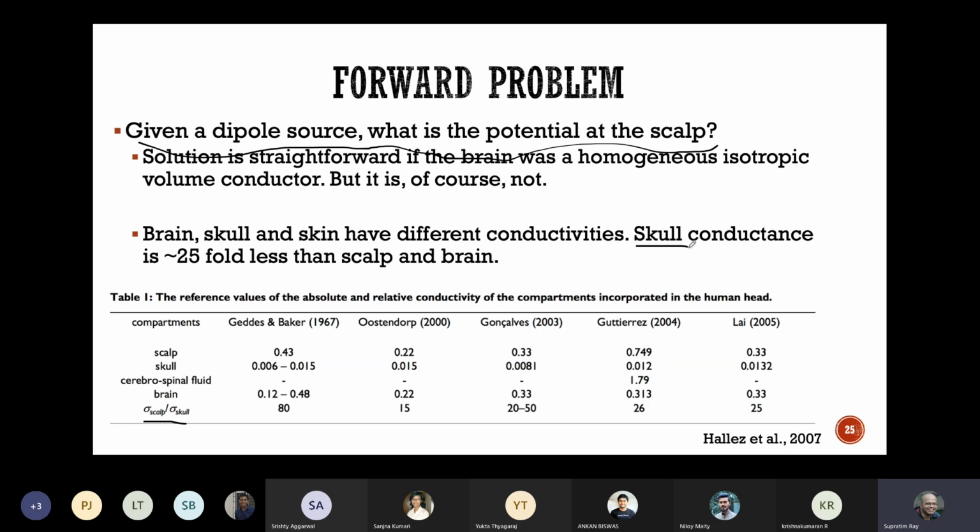So, the thick skulled, I guess it's not thick skulled, it's thick skinned. So that analogy doesn't work, but skull has poor conductance, and that complicates things.